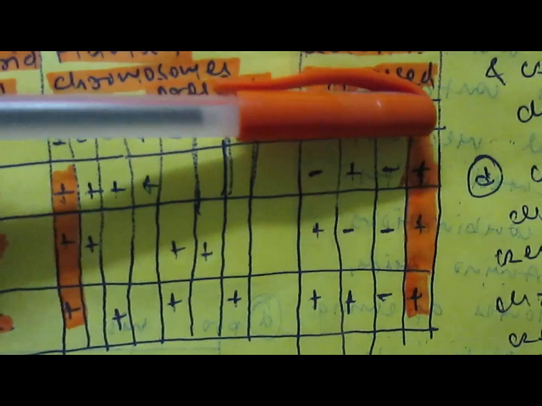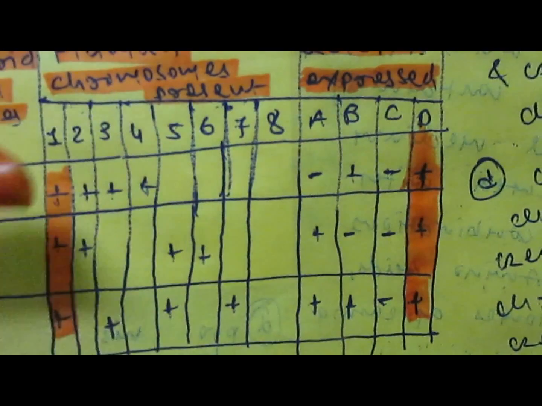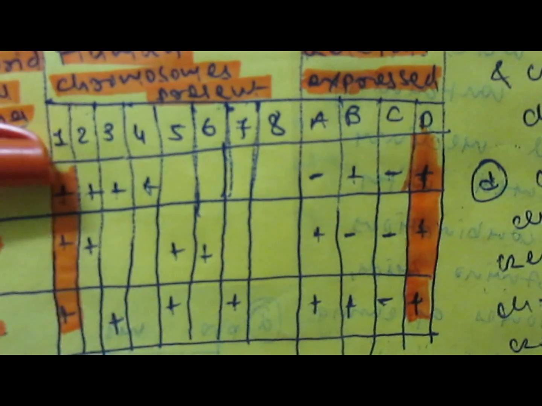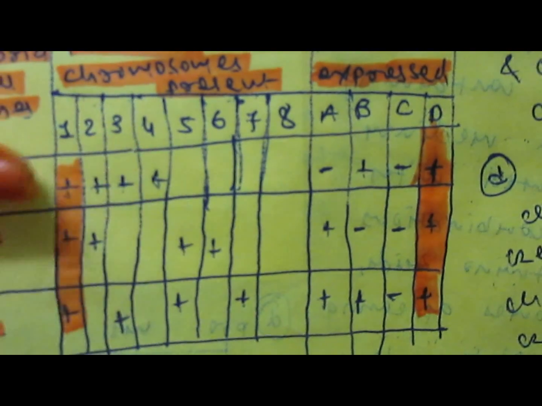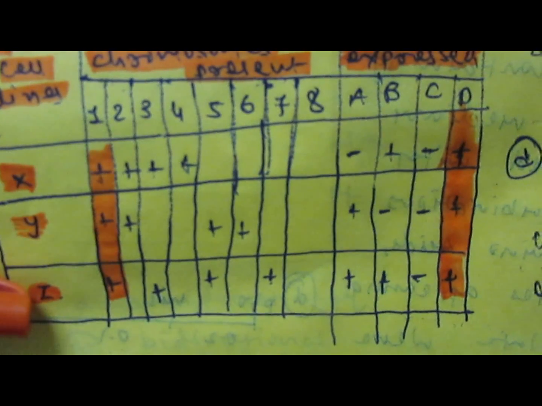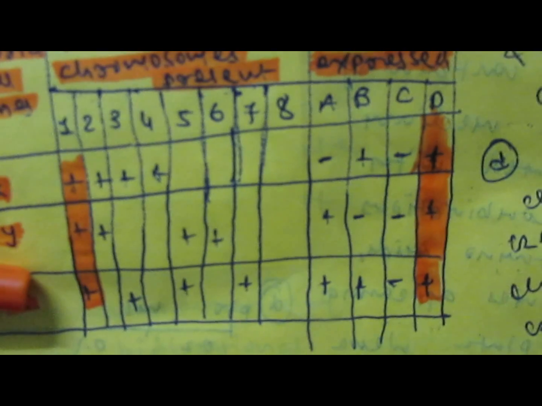So product D is expressed in X, Y, Z, and we can find the first chromosome in which this gene product is expressed in all three cell lines. So it indicates that D is present on the first chromosome.